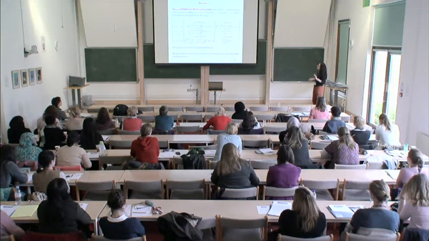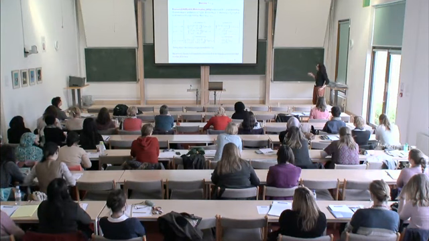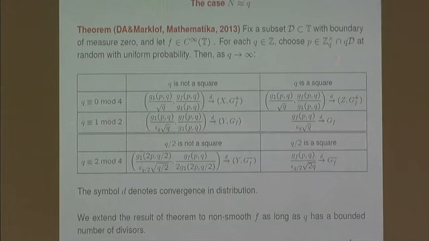So if you fix a subset D in the unit circle with boundary of measure 0, and we choose f to be a smooth function, then for each q in the integers, again we choose p in this set defined here with uniform probability. When q goes to infinity, we have 6 different cases, 2 here and then another 2, 5 and 6.